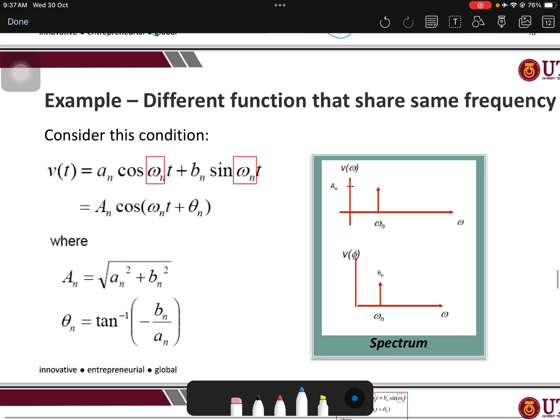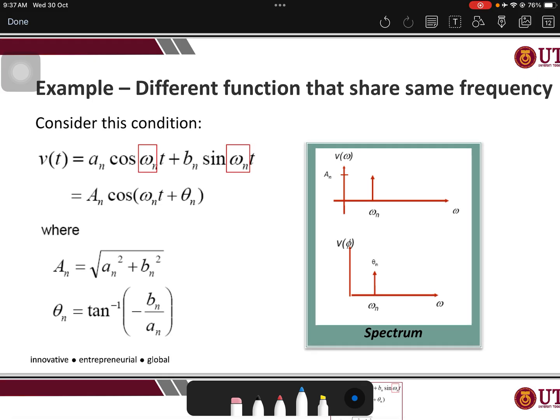Sometimes you are given signals that can be combined together, for example an cos omega nt plus bn sin omega nt. With that, we can see that the cos and the sine share the same angular frequency, omega n.